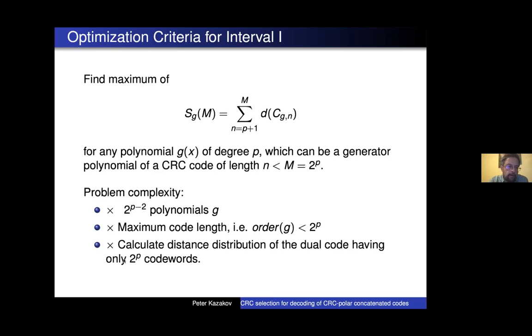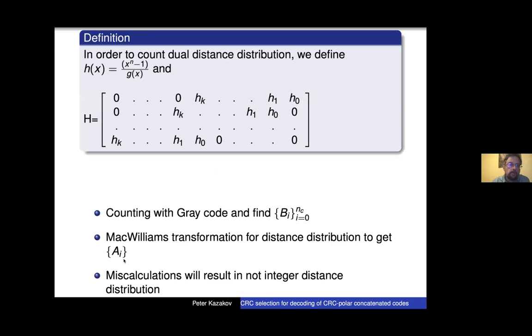And for each of these combinations, we have to calculate the distance distribution of the dual code. And while we are calculating first the distance distribution of the dual code, an important part of the algorithm is coming.